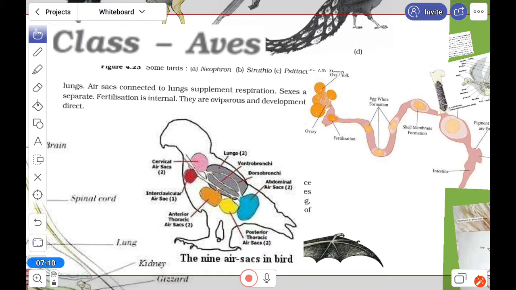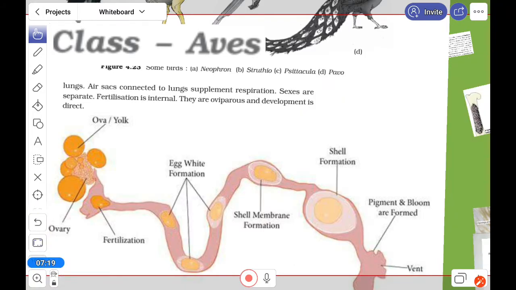And here the oviparous and other parts. Sexes are separate, fertilization is internal, and they are oviparous. See the egg, the ova, this is the egg yolk. It is fertilized, though not all the time; sometimes it is not fertilized.